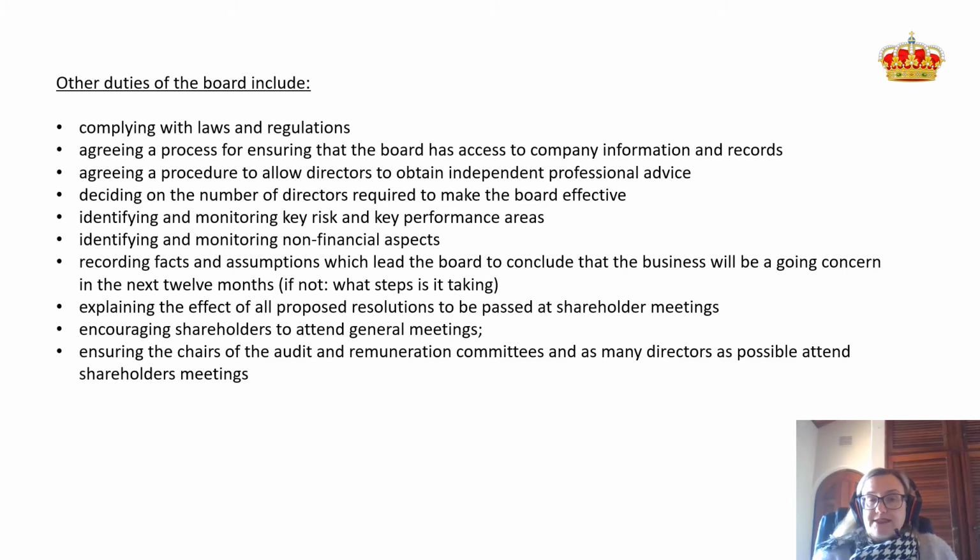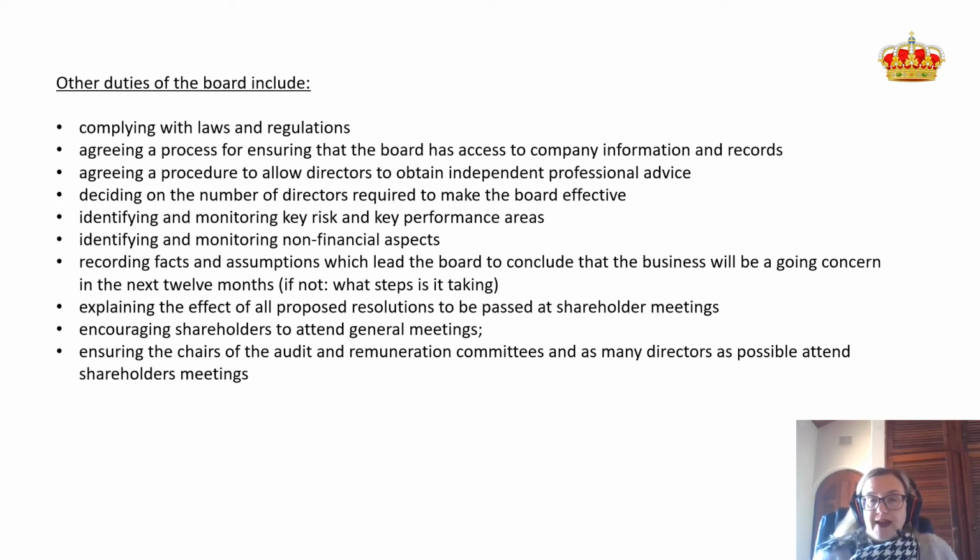The board must be able to decide the number of directors that will be required to make it effective, how it goes about monitoring its key risk and key performance areas, and how it manages and oversees non-financial aspects of the business. We tend to get very caught up in our earnings growth and our share price, but we also need to consider the impact that we're having on people, on our communities, on our environment.